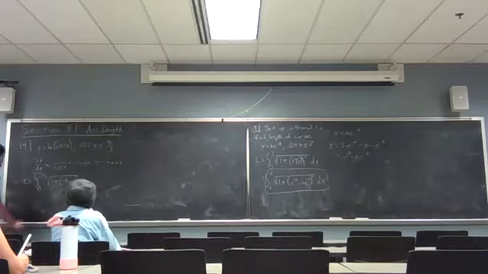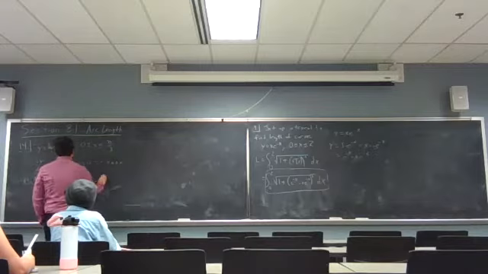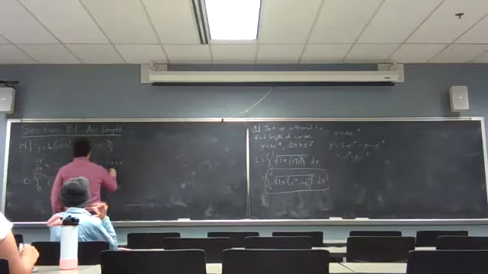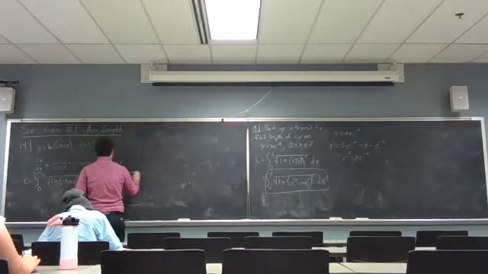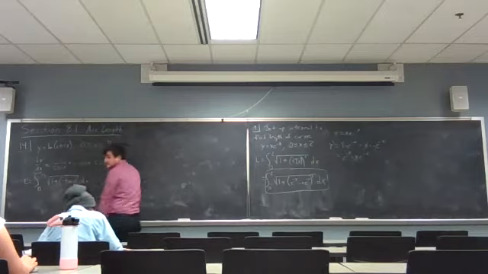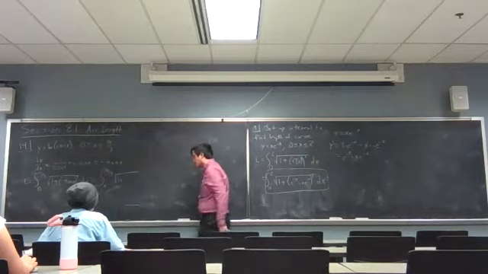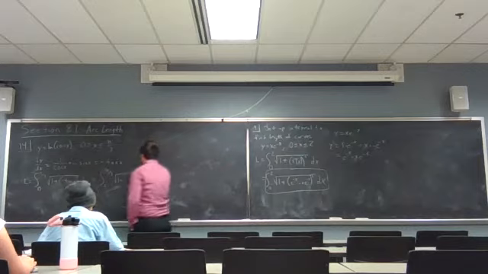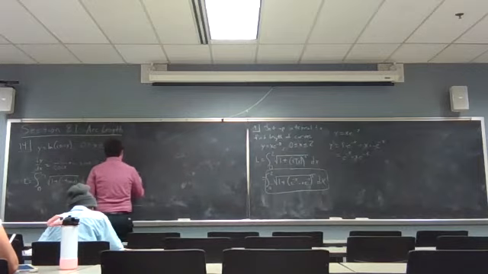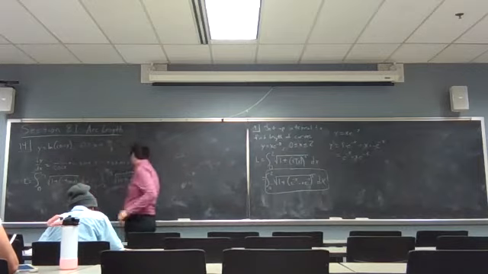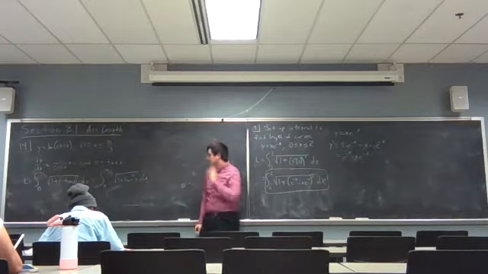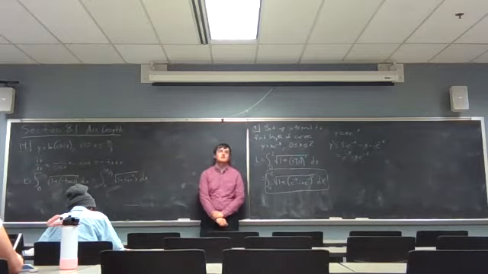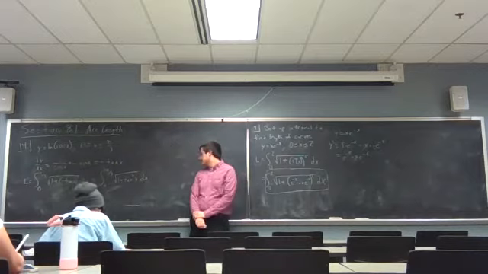Okay. So this is going to give us 0 to pi over 3 of the square root of 1 plus, what happens to this negative inside? It just disappears, right? It doesn't matter. So we're going to get 1 plus tangent squared x. Okay. What do we know about 1 plus tangent squared x?